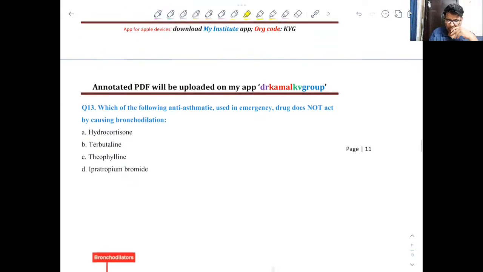Now, which of the anti-asthmatics, if used in emergency, does not act by causing bronchodilation, meaning it does not dilate the bronchus? So which of the following anti-asthmatic drugs does not have a smooth muscle dilatory action?